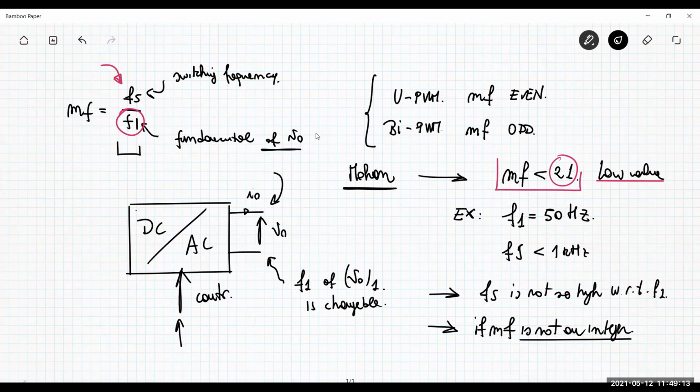If MF is not an integer, in the case you have low value of MF, then what happens is that you have subharmonics.